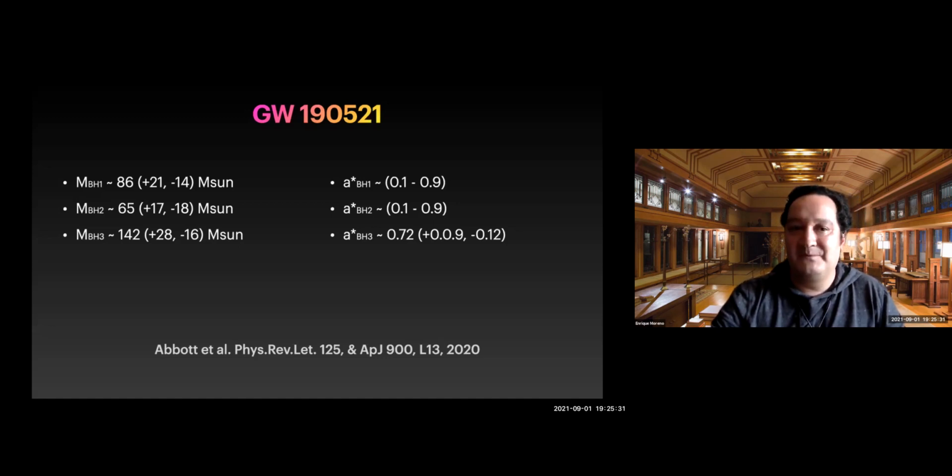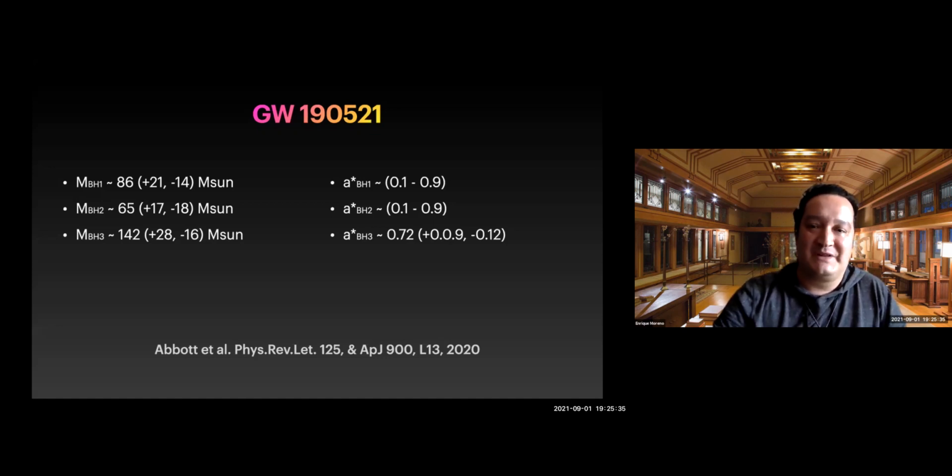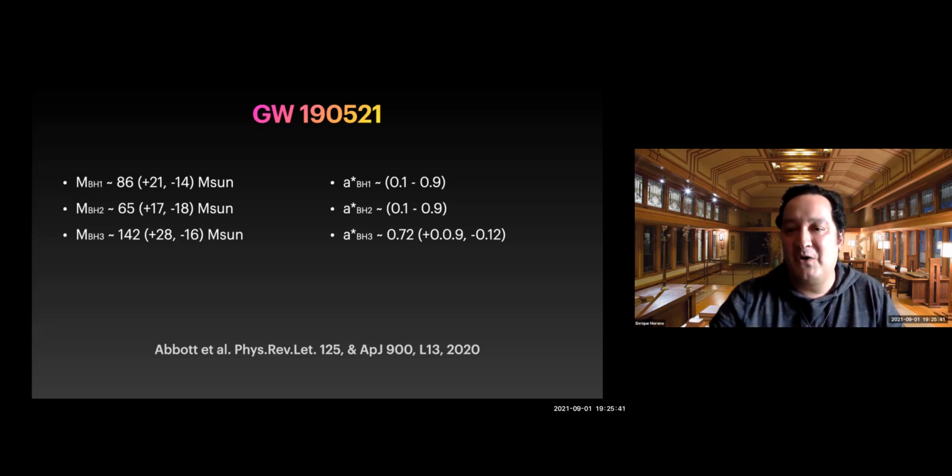And we can grow them to be in the pair instability mass gap with this model and produce this kind of system. The other thing is that our model also allows us to explain a wide variety of spins, which are shown on the right-hand column of this slide. So this model is, in that sense, very versatile.